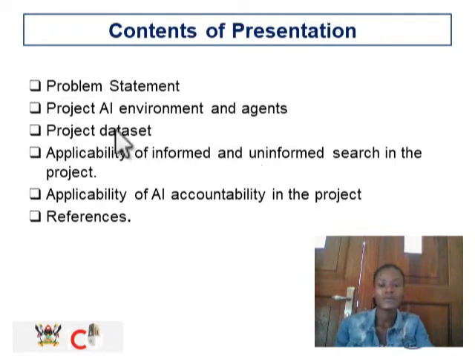Then we're going to see the data set that we're going to use in our project. Then we're going to see the informed search, how it's applicable within our project. Finally, we shall look at AI accountability and how it's applied in the project that we are going to work on.